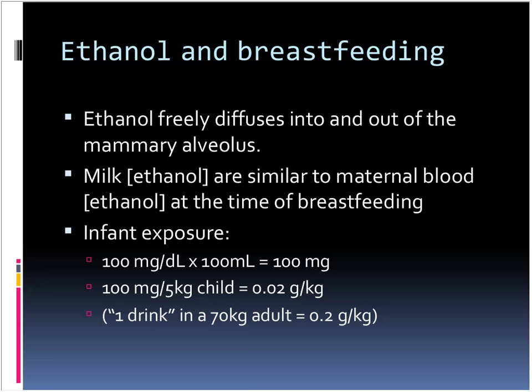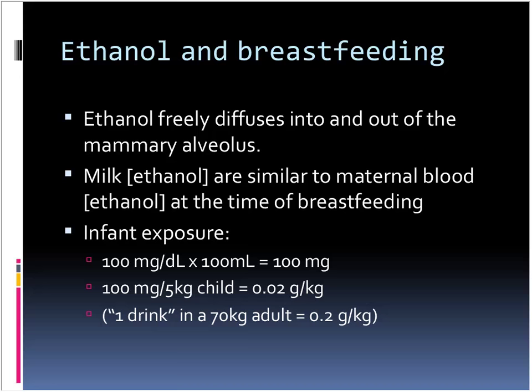In general, the child is going to be exposed to a small amount, so we're not talking about acute toxicity. There is some evidence of maybe some mild acute toxicity, but if the mother has a concentration of 100 milligrams per deciliter, she is essentially going to expose that child to a small amount of ethanol, equivalent to about 1/10 of a drink proportionally per kilo.